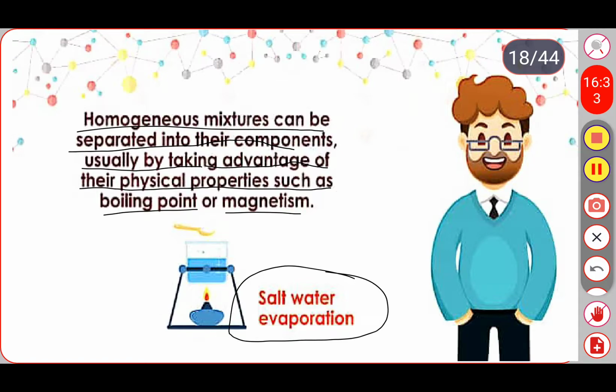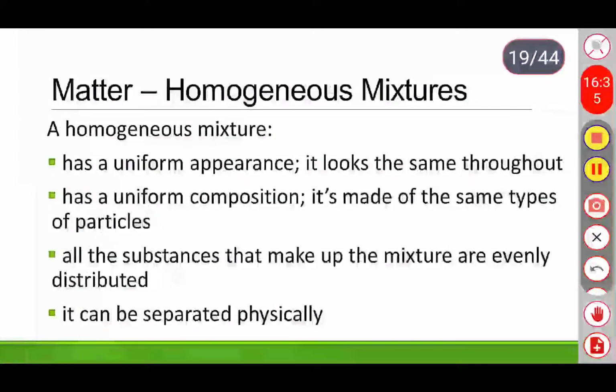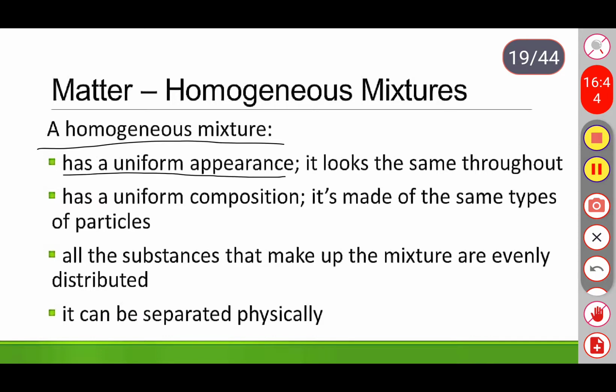See some more information about the homogeneous mixture. A homogeneous mixture has uniform appearance. It means the whole mixture is made up of the same kind of substances or materials. It looks the same throughout the mixture. It means we cannot easily distinguish or classify the substances as different substances.